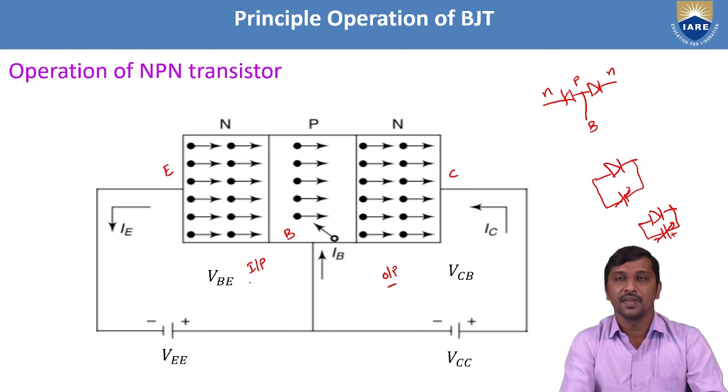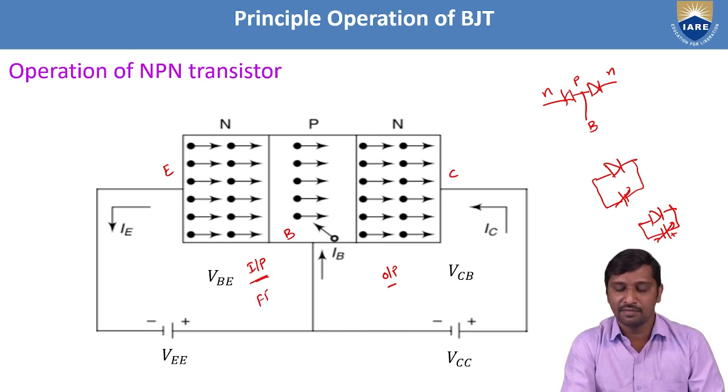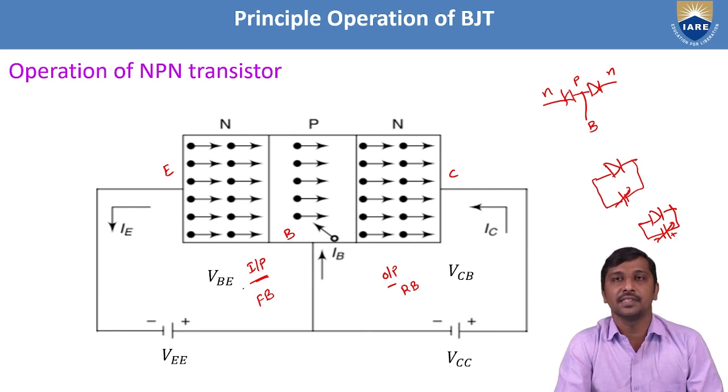That is the reason we make the input side forward biased and the output side reverse biased. The forward biased input side offers very small resistance, and the reverse biased output side offers very large resistance. That is why it transfers the signal from a low resistance circuit to a high resistance circuit.